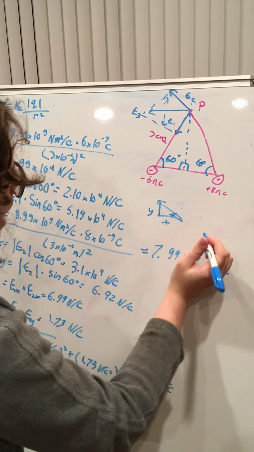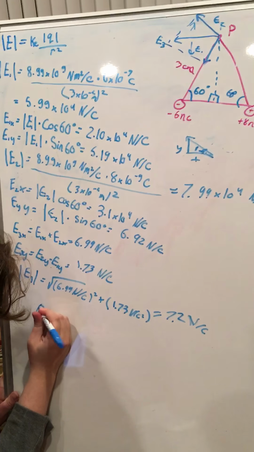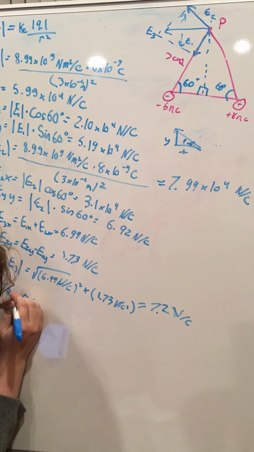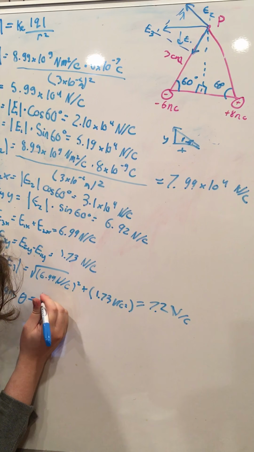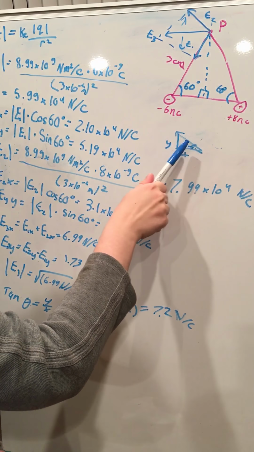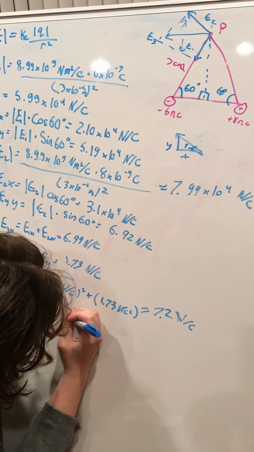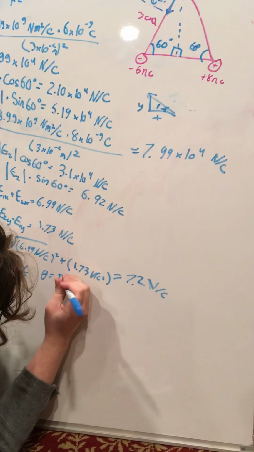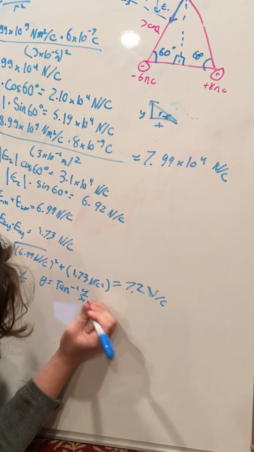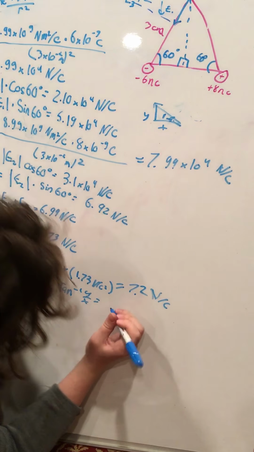So we can just say that tan theta equals y over x, just by looking at the drawing, opposite over adjacent, and then therefore theta equals the inverse tangent of y over x, and doing that gives us a value of 13.9 degrees.